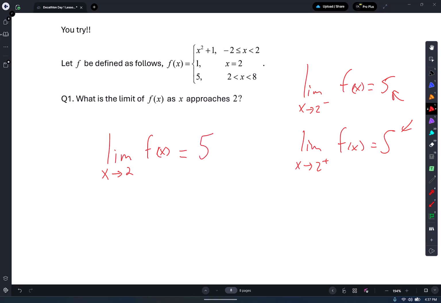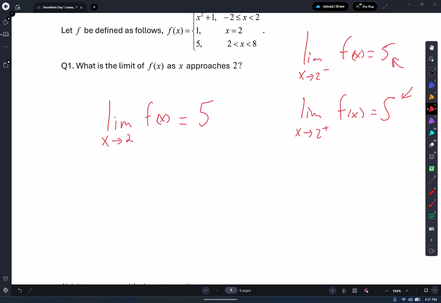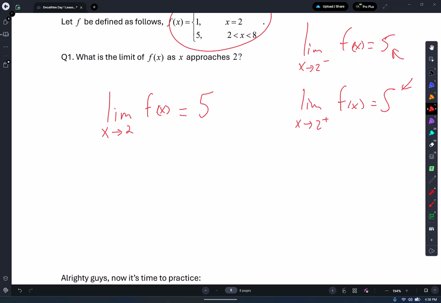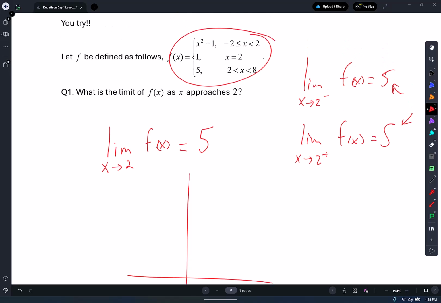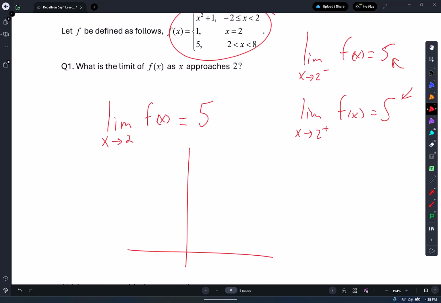Now that's one way to do it, but I know that you guys are visual. So let me draw the piecewise graph for you. Look, here it is. X squared plus 1 looks like this. I'm going to write negative 2 right here and 2 right here. And it looks like this, where that's 5. Wow, that came out ugly.